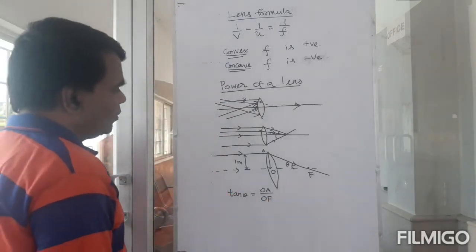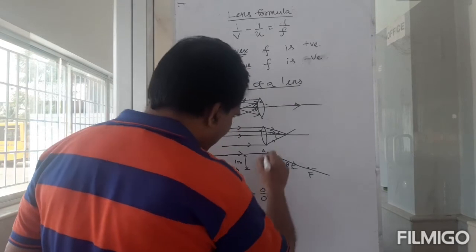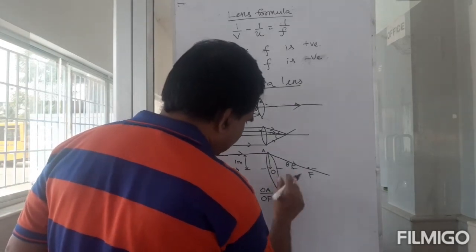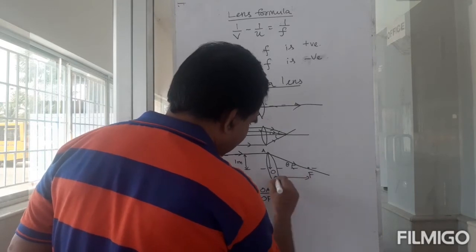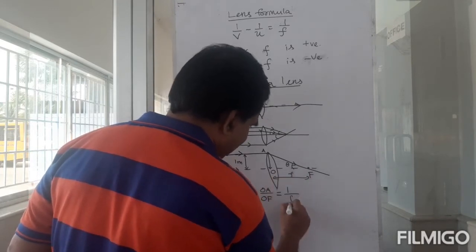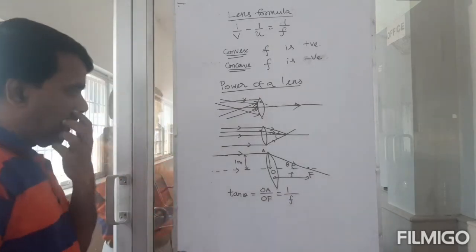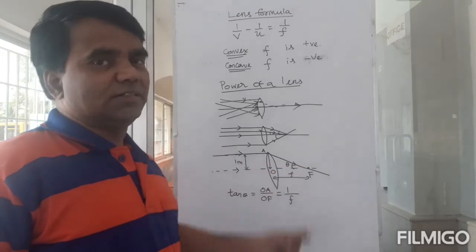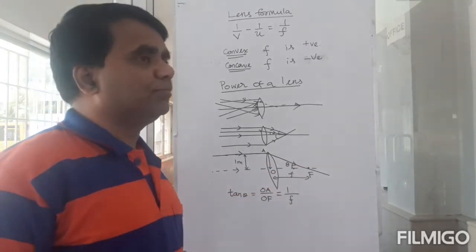So what is OA? OA is 1 meter, right? So it's 1 meter. What is OF? OF is going to be small f. That's the distance. Tan theta is this. But I said theta is what I need, right? So tan theta is what I define.